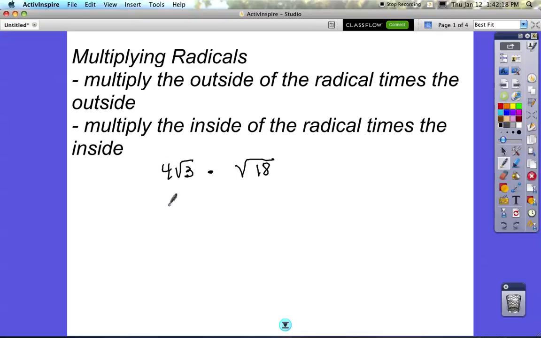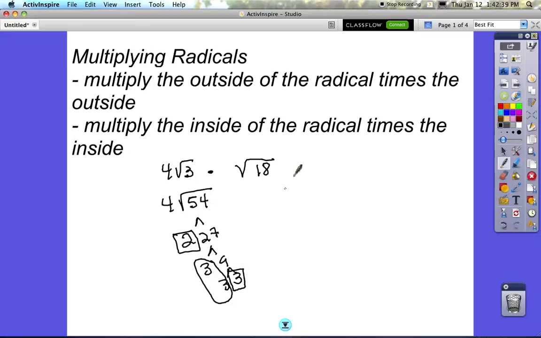Okay, so we've got 4 times 1 is 4. 3 times 18 is 54. So that breaks down to 2 and 27. 3 and 9. 3 and 3. The 2 does not have a pair. I have a pair of 3s, and then I have a 3 left over.